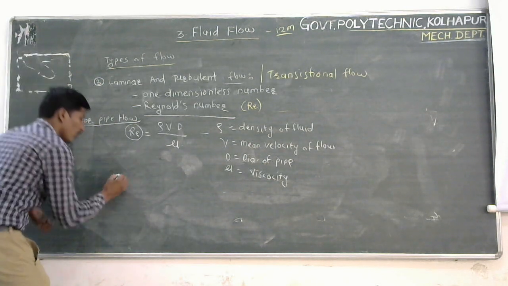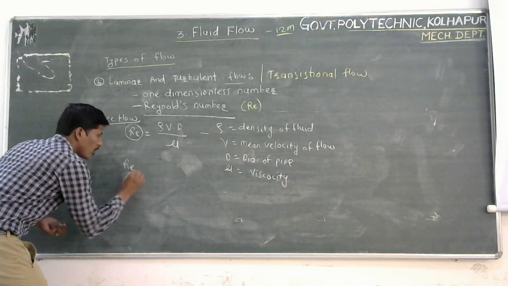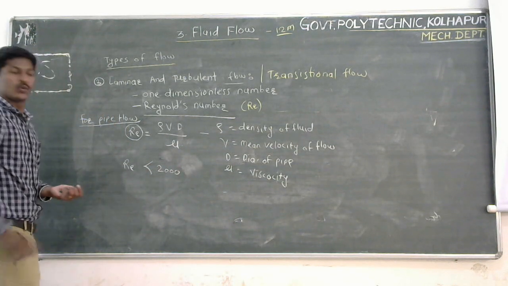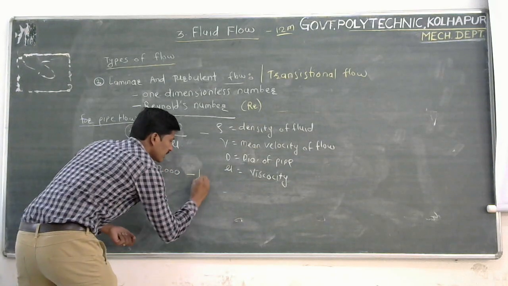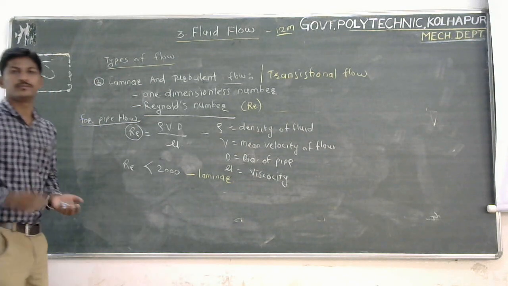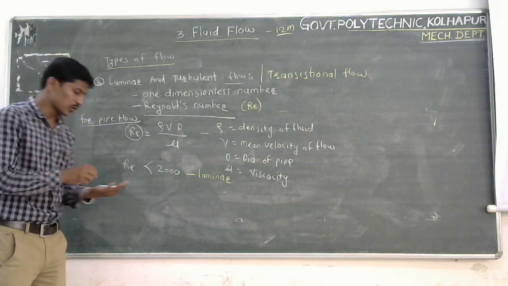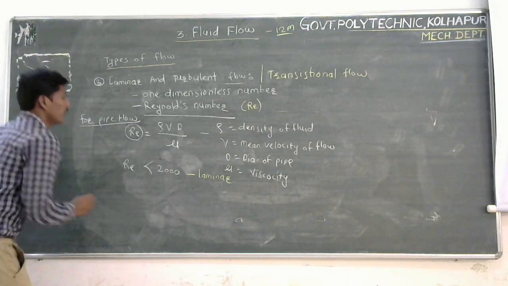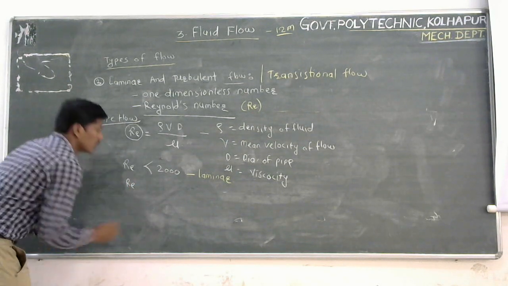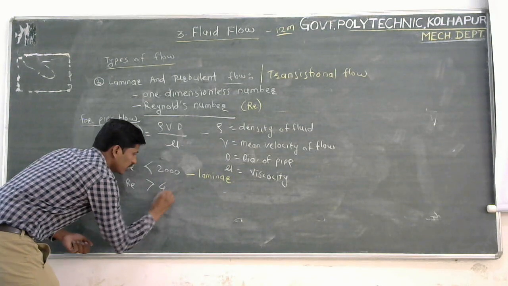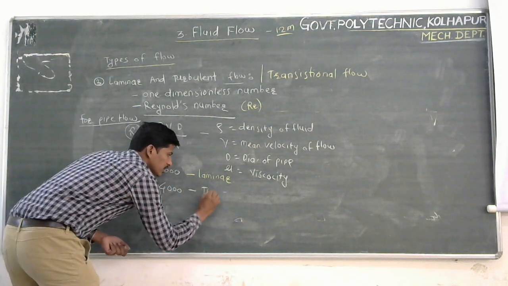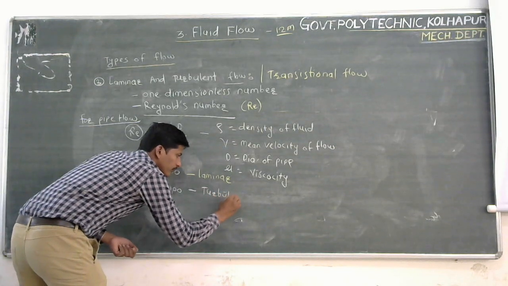If the value of the Reynolds number is less than 2000, then it is laminar flow. If the value of the Reynolds number is greater than 4000, then it is turbulent flow.